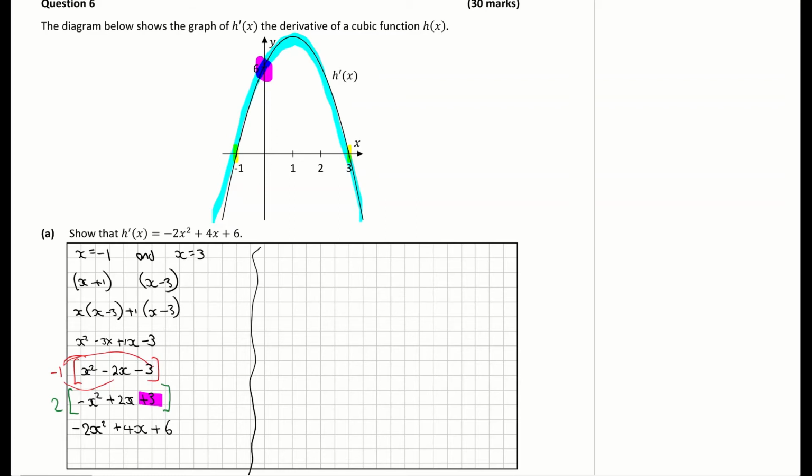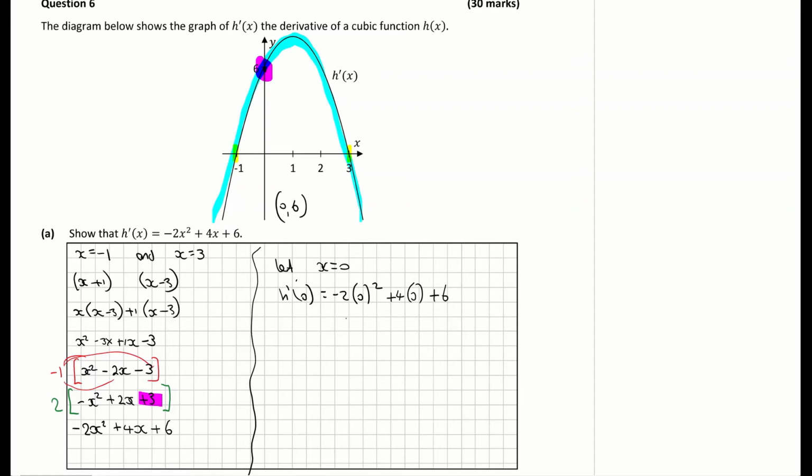Now what I'm going to do here is just do an extra little bit of verification. I'm just going to prove my y-intercept. So at my y-intercept of 6, I'm going to let x equal 0, because I'm basically looking at this point here of (0, 6), the y-intercept. So on my derivative, I'm going to find h prime of 0, which is equal to minus 2 times 0 squared plus 4 times 0 plus 6.